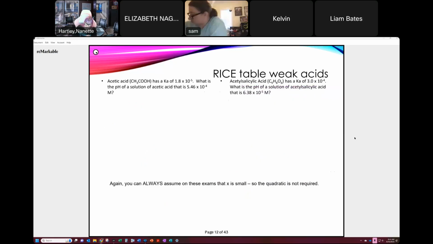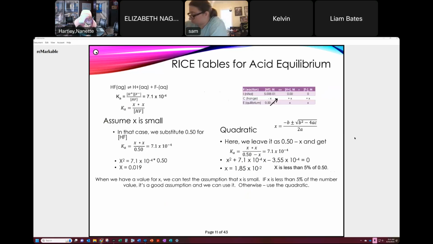Yes. For this, if X is really small, it won't look like there's much of a change between initial and equilibrium.